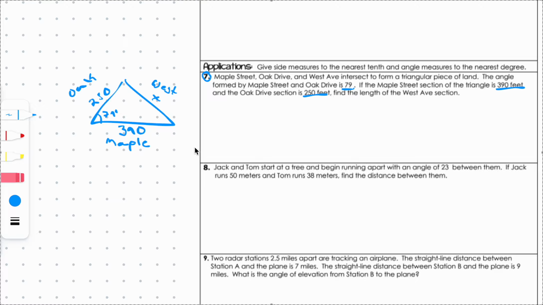So let's set up our law of cosines equation.